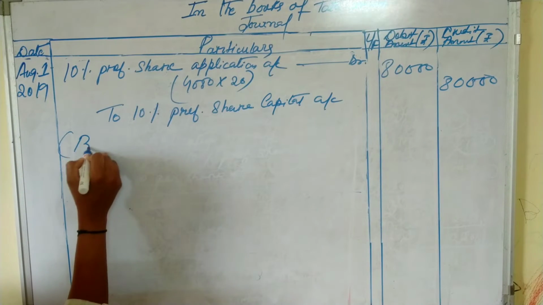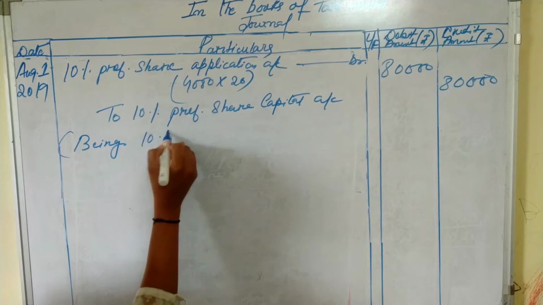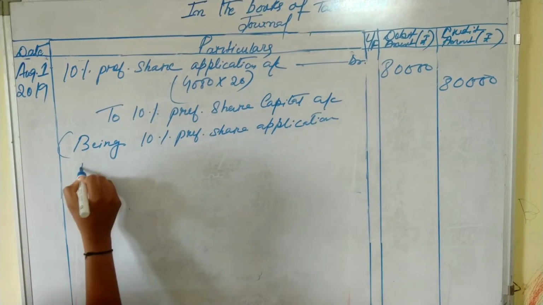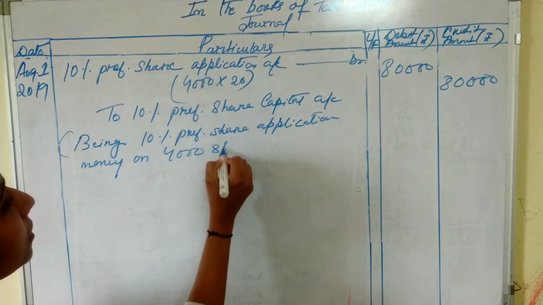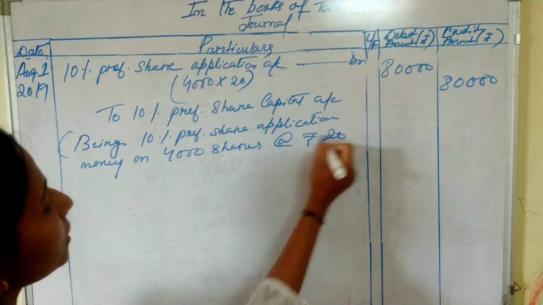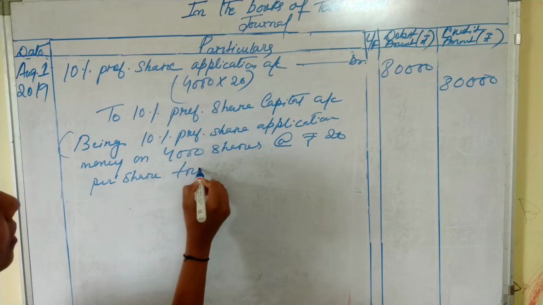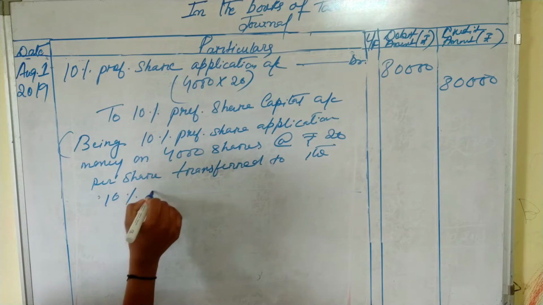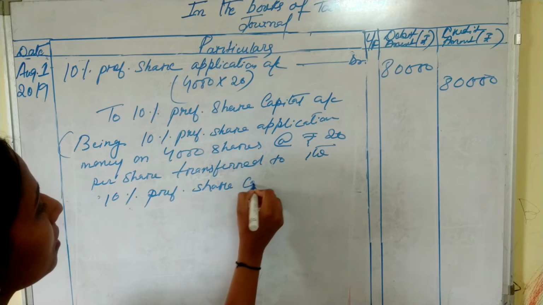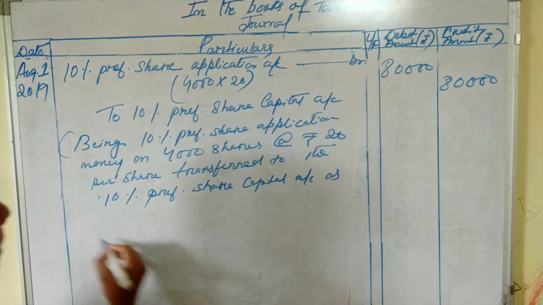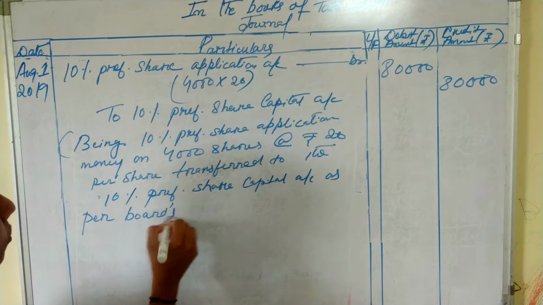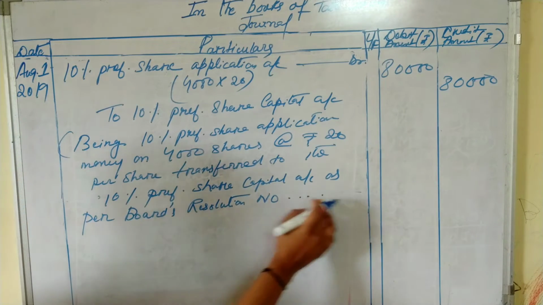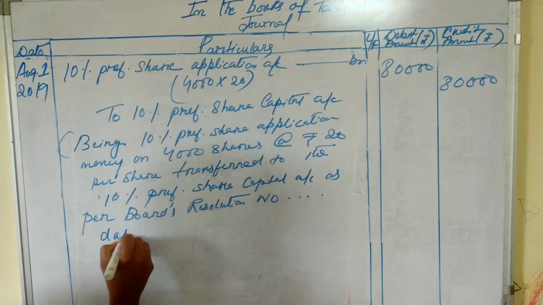Now we write the narration. Being 10% preference share application money on 4,000 shares at the rate of rupees 20 per share transfer to the 10% preference share capital account as per board's resolution number, no there's no number, as per board's resolution not dated.